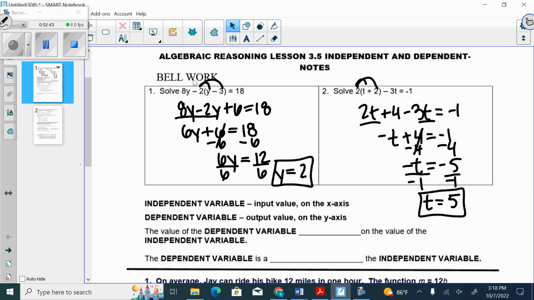Okay. All right. So in our lesson for today, it's actually not going to be too terribly much math, which I know we all want to do, right? It's going to be more about reading the problem and identifying our independent and dependent variables. Okay. So they define what those things are for us here.